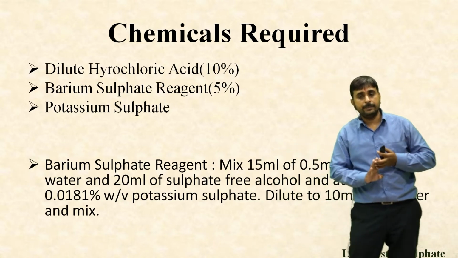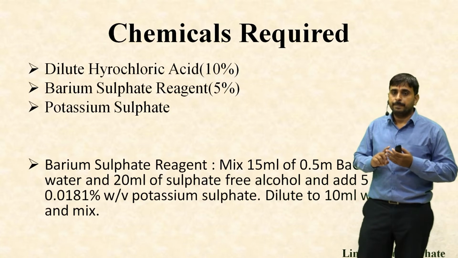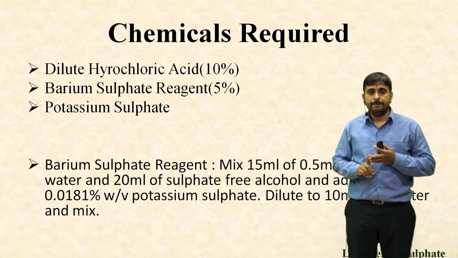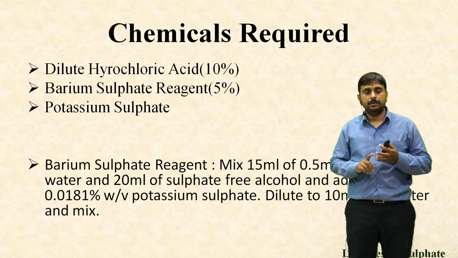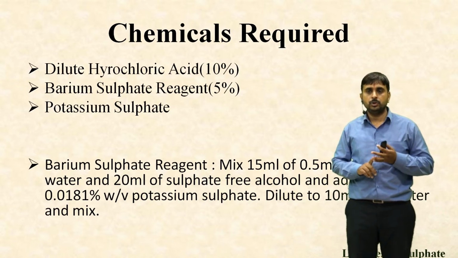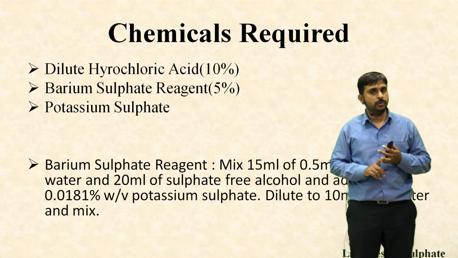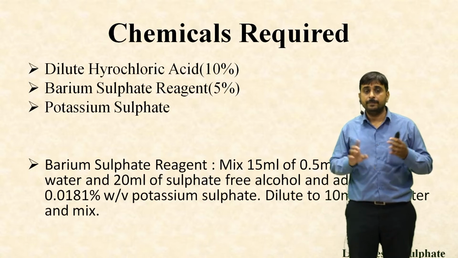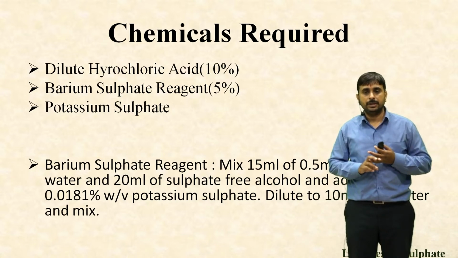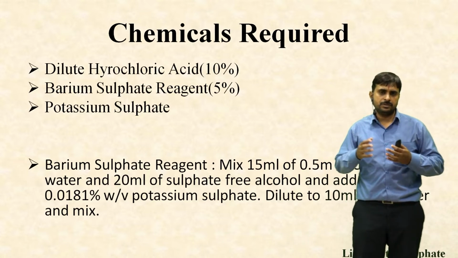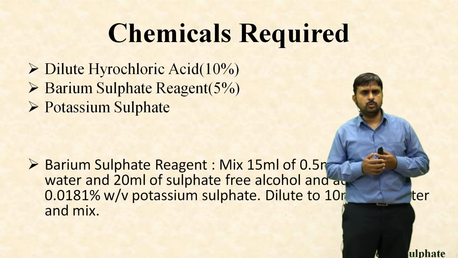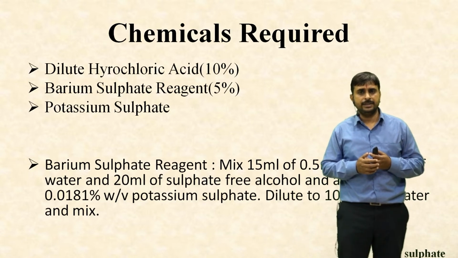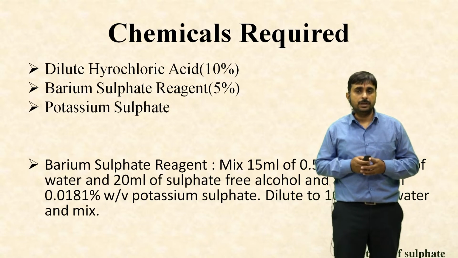So we have three chemicals in it. We mix these solutions and make up the volume to 100 ml, and it is called barium sulfate reagent, as we use it in the sulfate limit test.